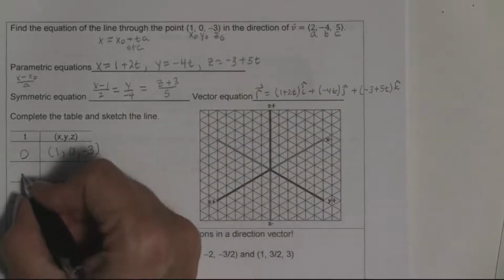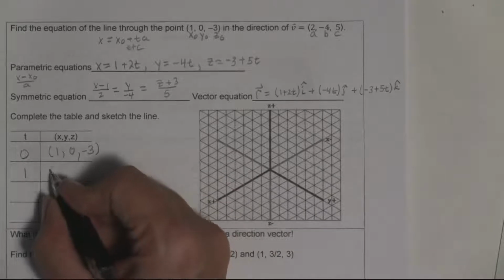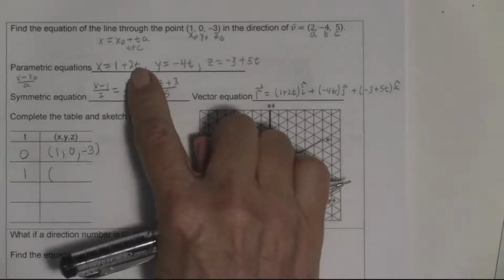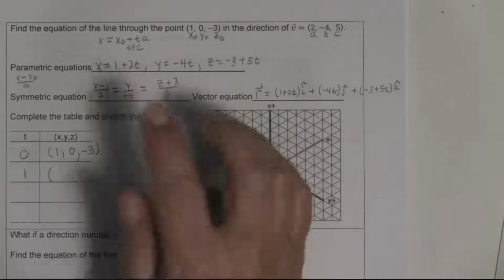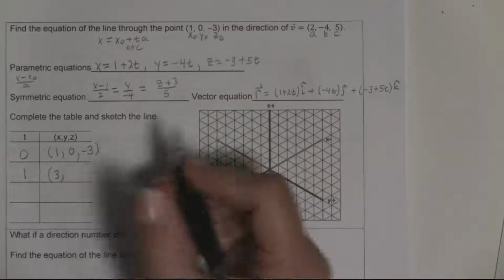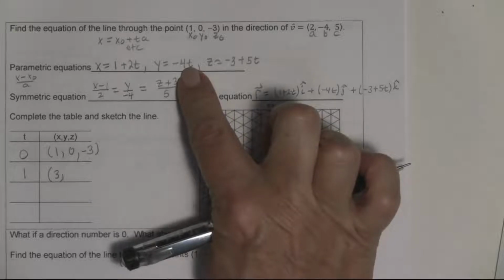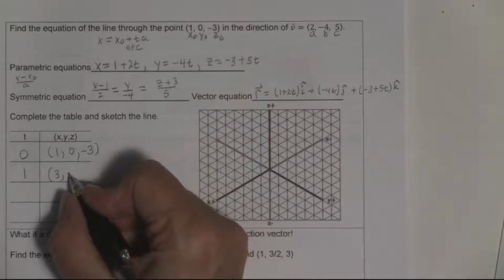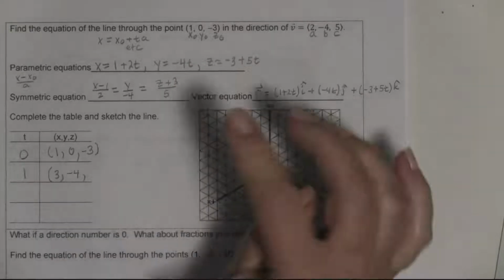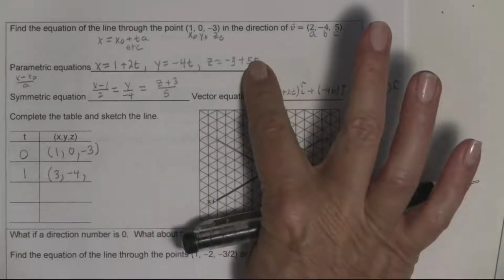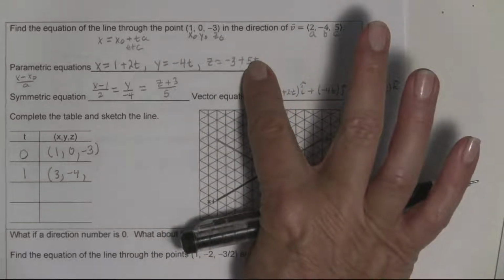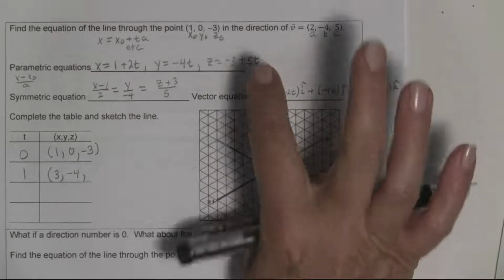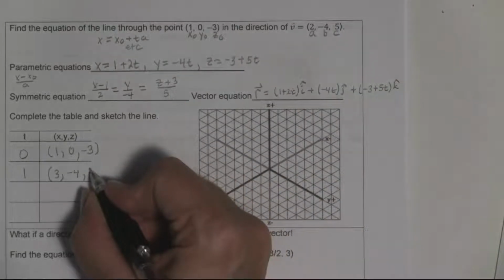And if I put in t as 1 and do that arithmetic, 1 plus 2 is 3, then I get negative 4, and negative 3 plus 5 is 2. So I get (3, -4, 2).